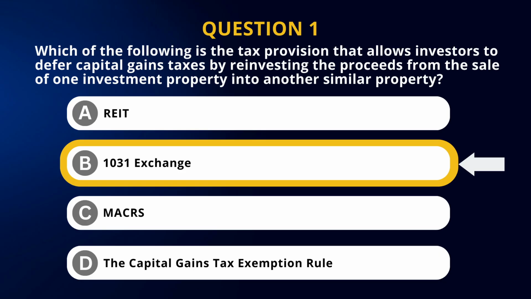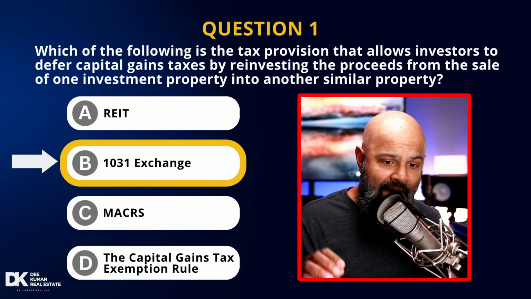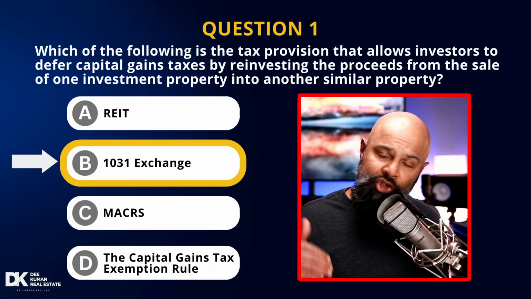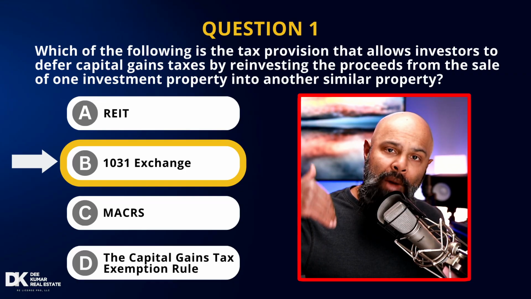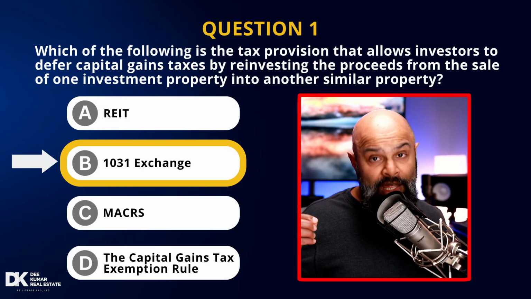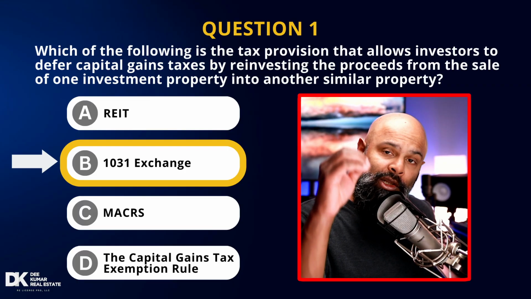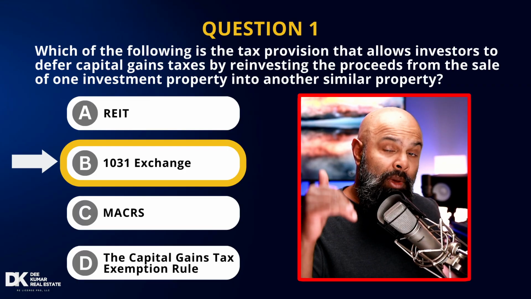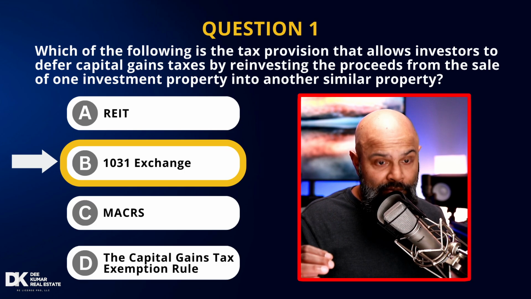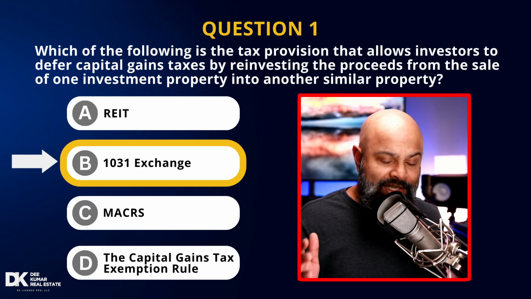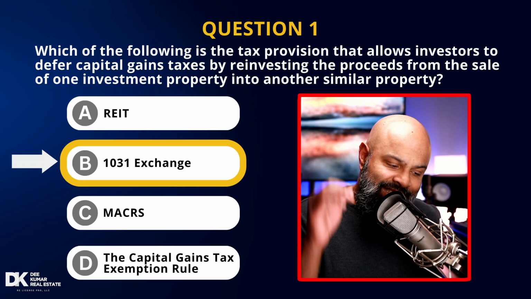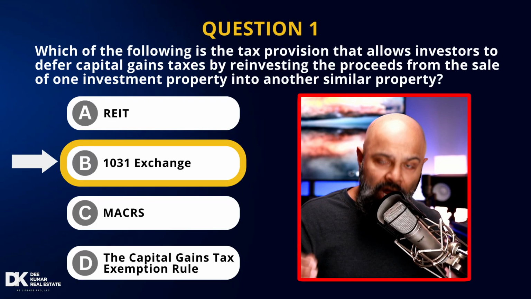Now, REIT stands for Real Estate Investment Trusts, and this is not a tax provision. Real estate investment trusts are vehicles that people can buy fractional ownership interests in investments that hold real estate portfolios. They're awesome. You'll learn a little bit about them in these types of courses, but study them later and you'll love them. All right, and then we have MACRS, which stands for Modified Accelerated Cost Recovery System.